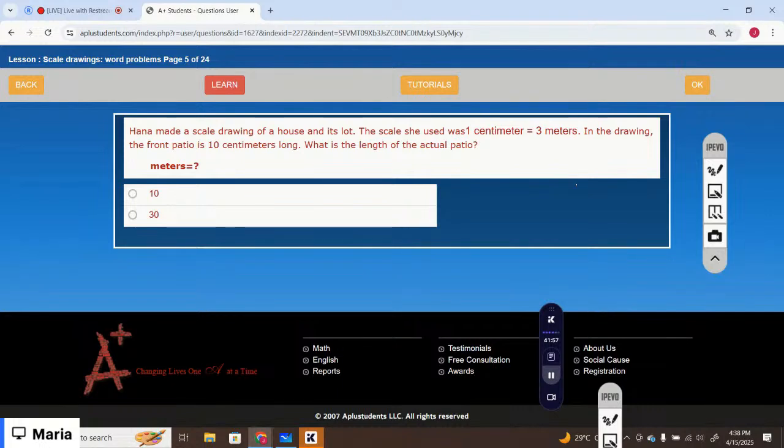That is 30 meters. Option number two is the correct option. Okay, you can complete the lesson by yourself later today.